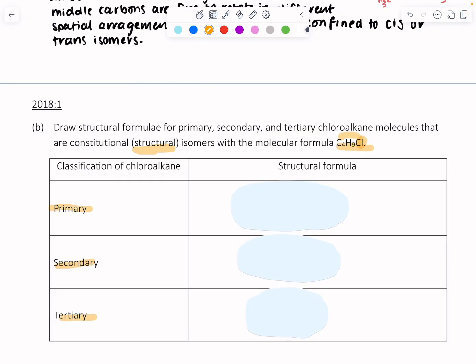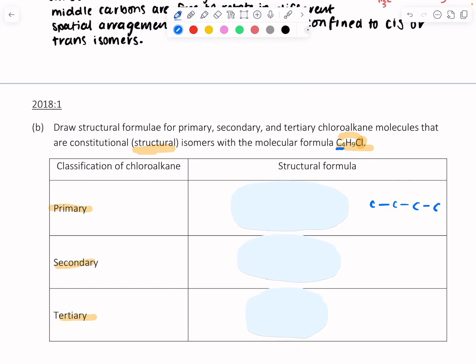So the way I like to draw it, I know I've already drawn it, but I like to start off by drawing the carbon skeleton. So this says that there are 4 carbons, so I'll go ahead and draw 4 carbons bonded to one another. Then I've got 9 hydrogens bonded to each carbon. And remember, carbon has 4 possible bonding sites, and all of them are bonded.